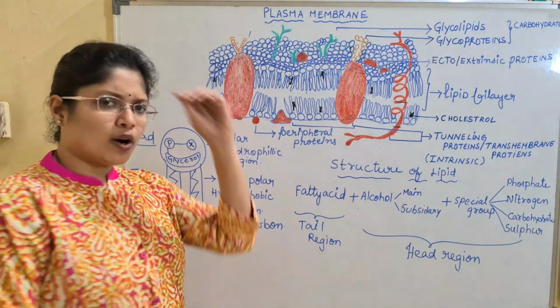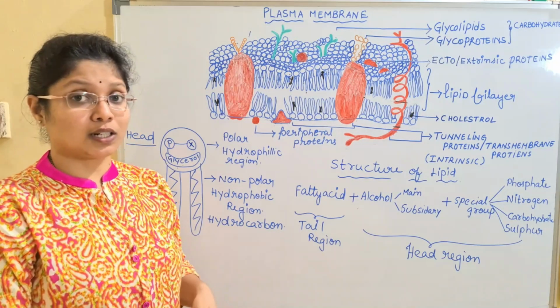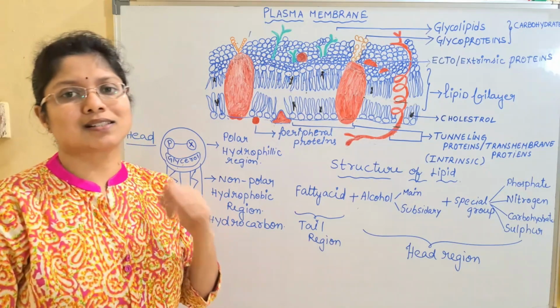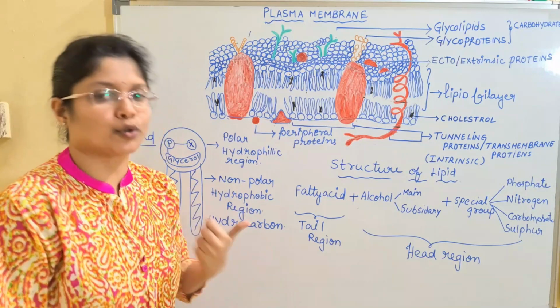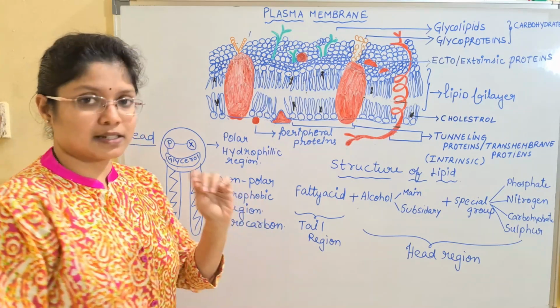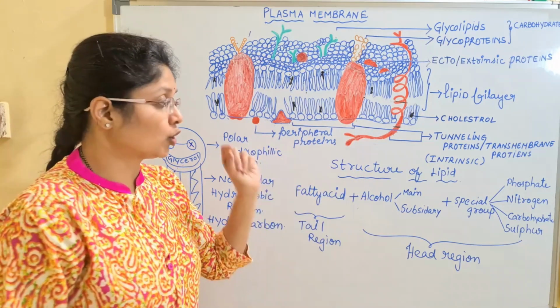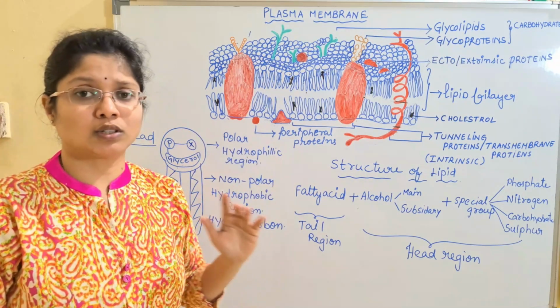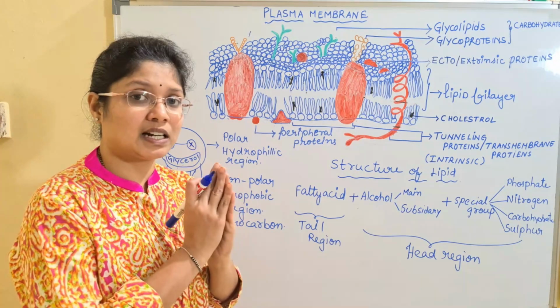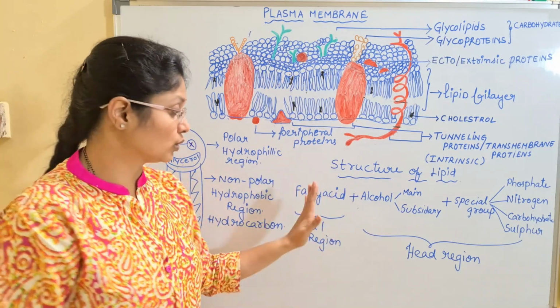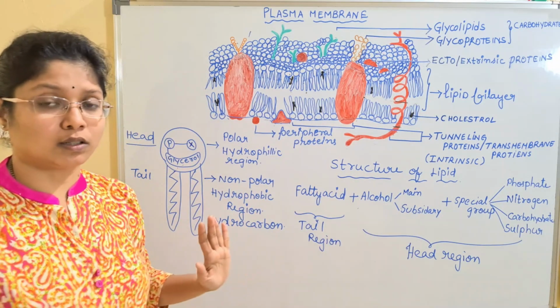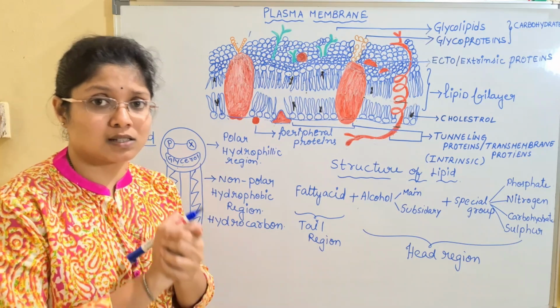In order to understand the structure of the lipids, we have to generalize its structure. Then only it will be easy for you to study. So what is the generalization that I have given here? The lipid molecules present on the plasma membrane will definitely fall into this category. So this formula is mainly meant for the lipid molecules on the plasma membrane.